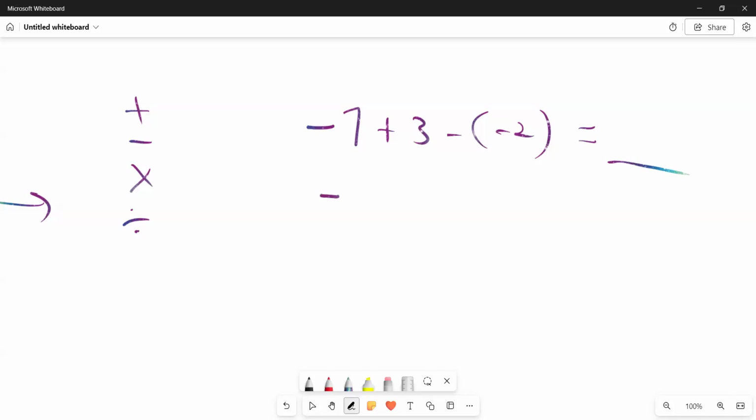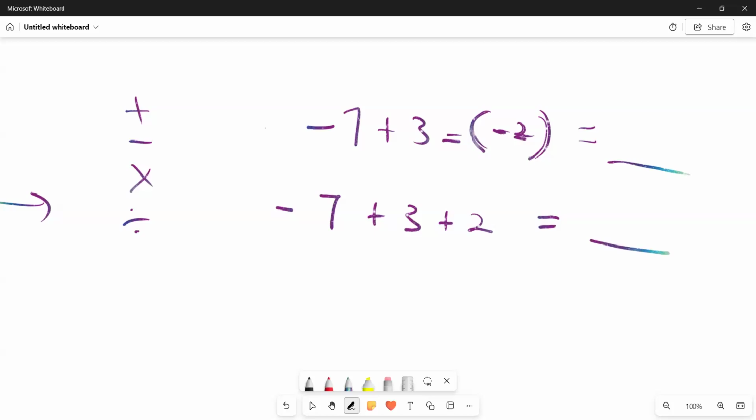I think you press in 7, then you press the minus sign, and that will feed the calculator -7 plus 3. If you want to, you apply the rule here and know that a negative and a negative will give you a positive, all well and good. But if you do this in the calculator, put in minus, open bracket, another -2, close bracket, the calculator will understand and give you the right answer.